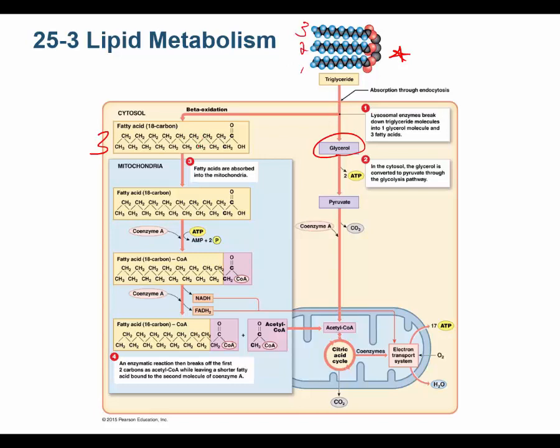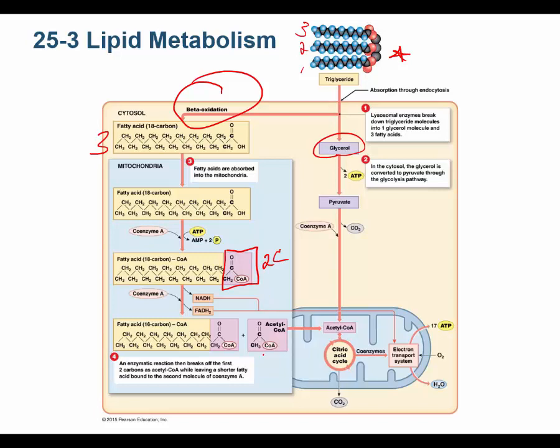And these fatty acids enter the mitochondria. Now, there's a transport mechanism involving carnitine to get these fatty acids into the mitochondria. It's a pretty cool transport mechanism. We'll look at it briefly. As soon as the fatty acids are in the mitochondria, they go through this thing called beta oxidation. That's this word right here. And why it's called beta oxidation, and look at this purple box right here, is because you're breaking two carbons off at a time. So it's a two-carbon oxidation pathway, so we call it beta oxidation.